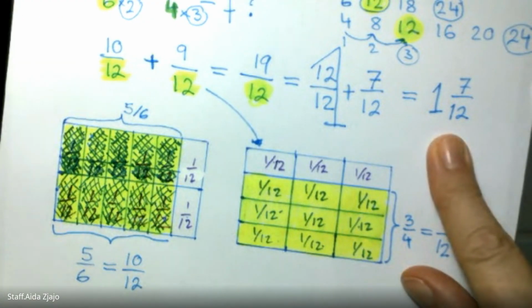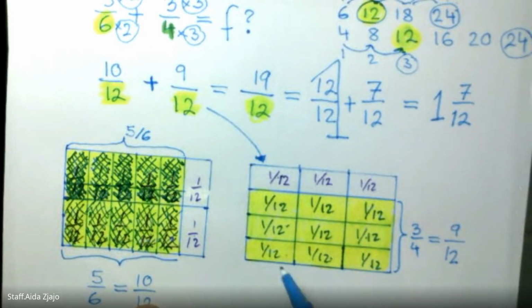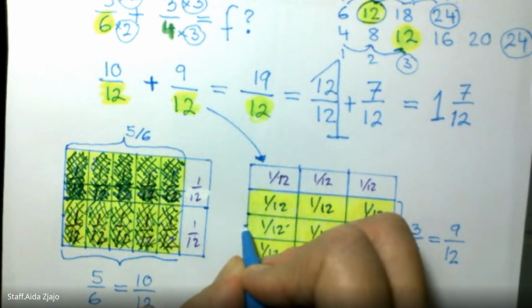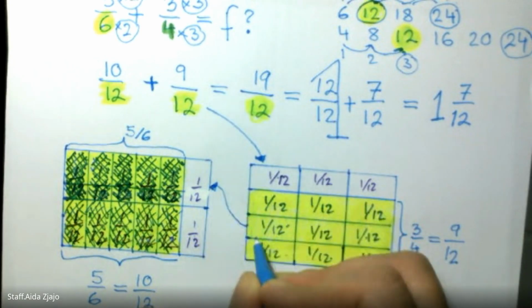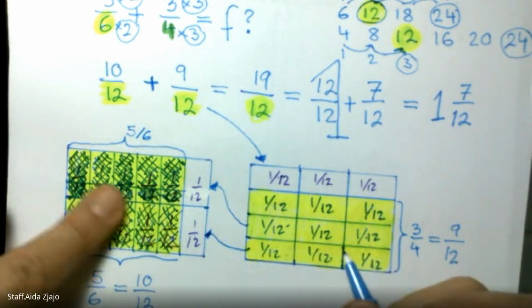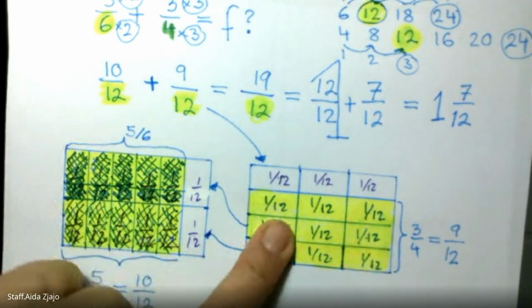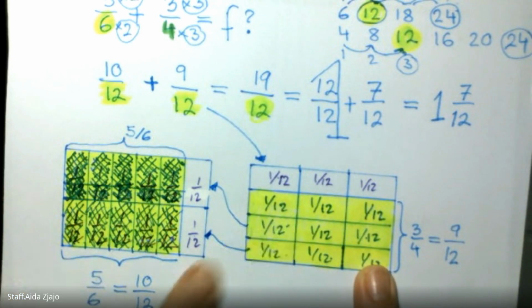If I take these and move them here, I take this piece and this piece to move here, I would have the whole bag, and I will have 1, 2, 3, 4, 5, 6, 7 pieces left.